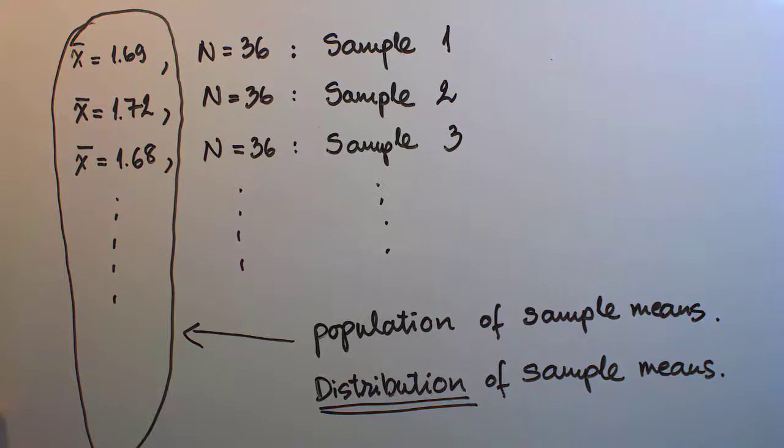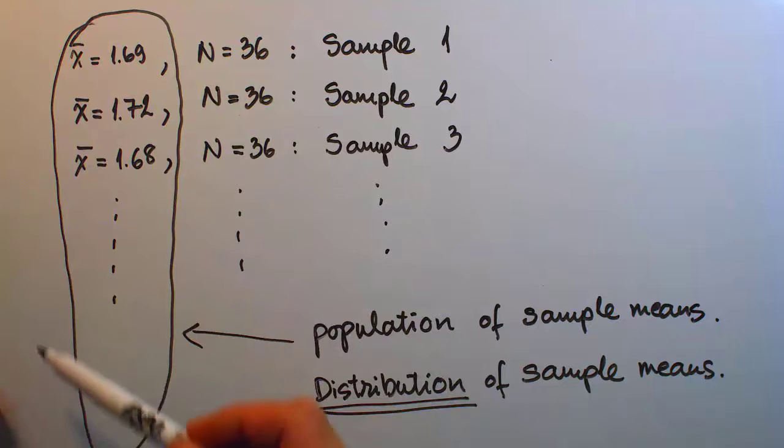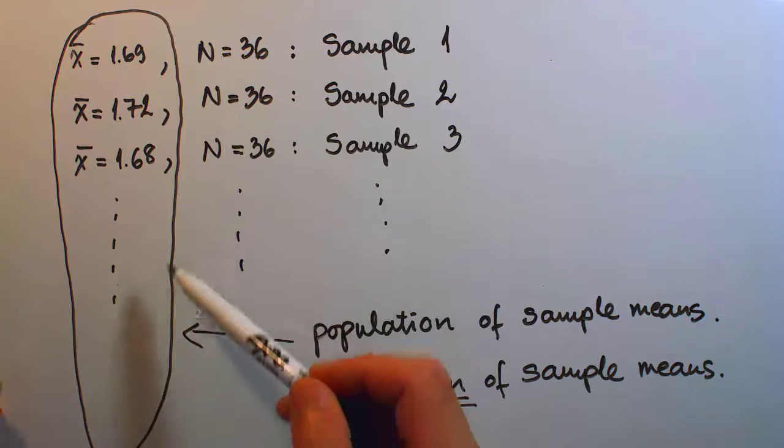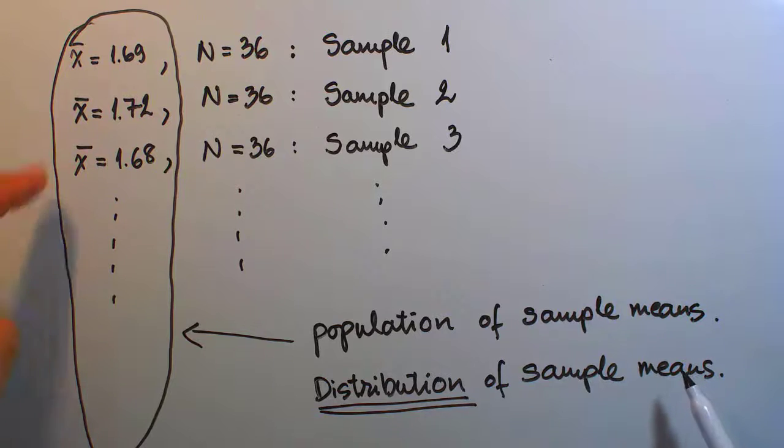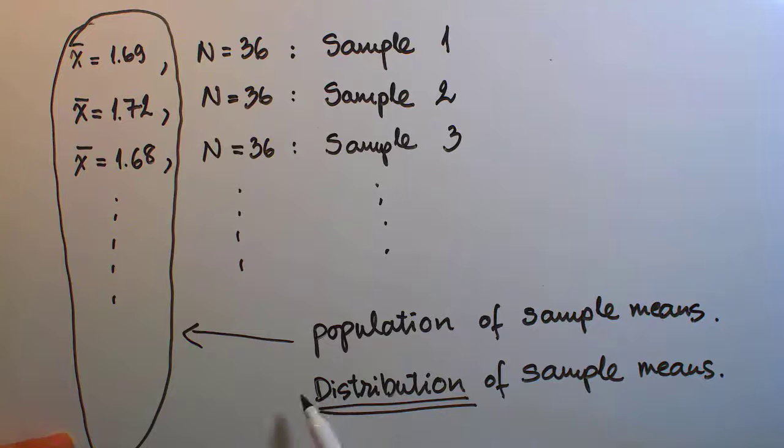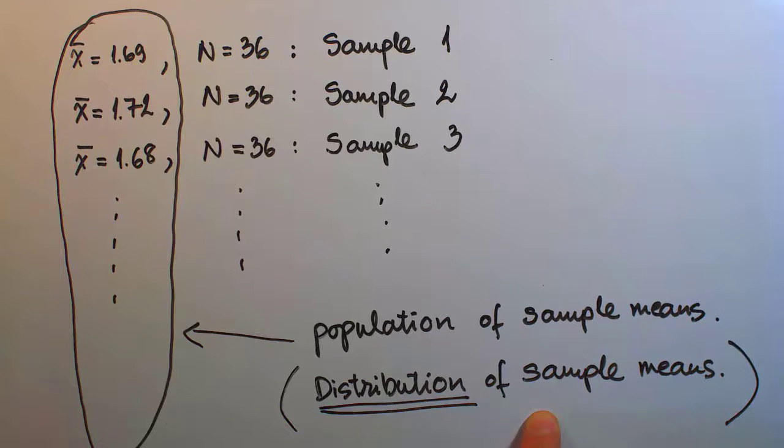Like that. And so what I'm trying to point out now is that we can have for ourselves a population of sample means by continuously searching for more samples and more samples. Formally, we think of that as the distribution of sample means.